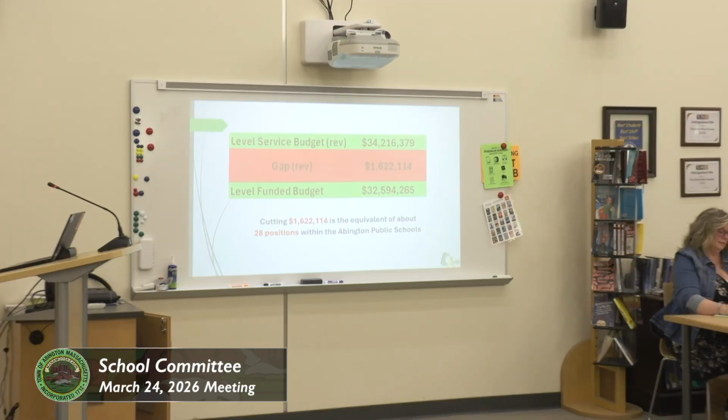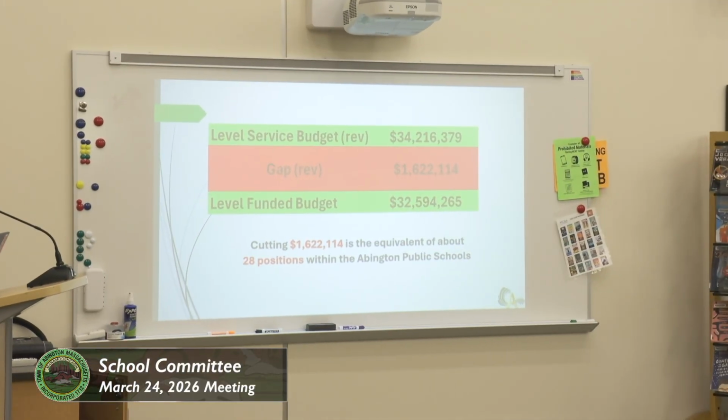So tonight, I'm just going to do a quick recap of where we stand with the FY27 budget. As discussed at our last meeting on March 10th, we have reduced our FY27 budget increase by $141,843. As more detailed information has been coming in, that's the difference since our initial budget was developed in January.